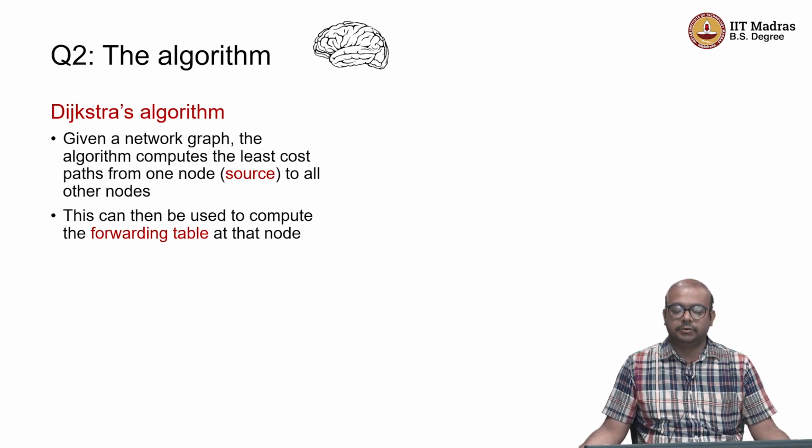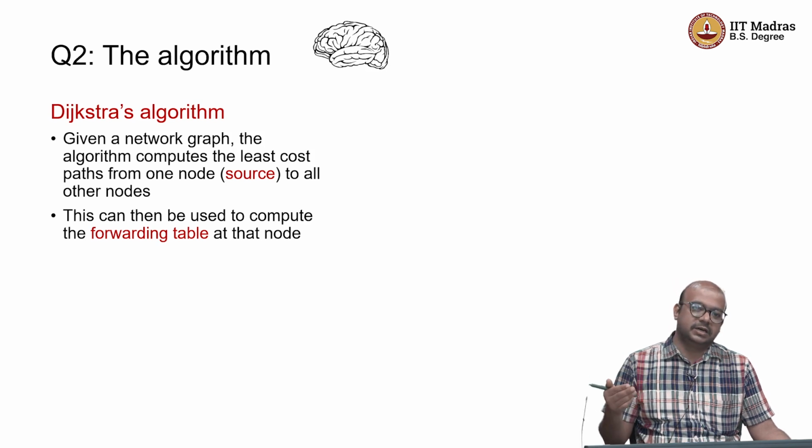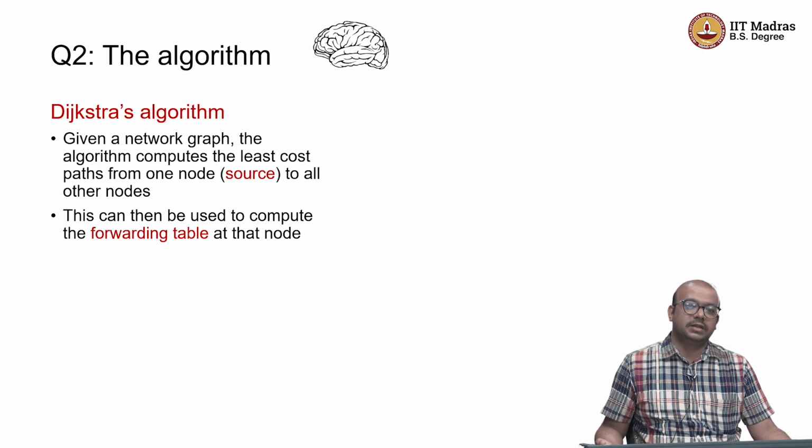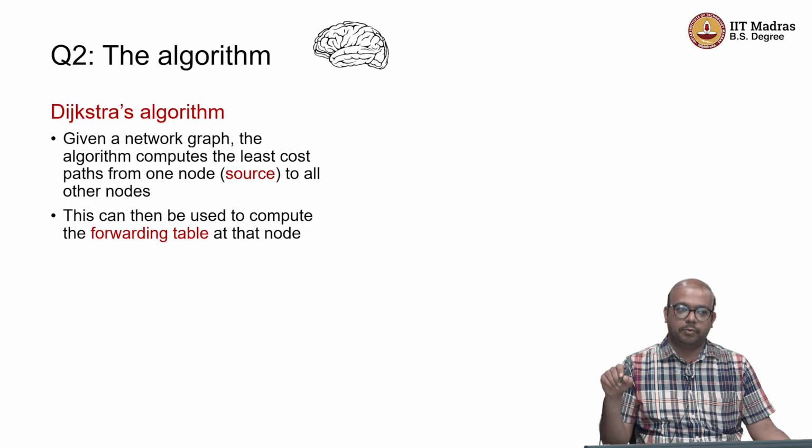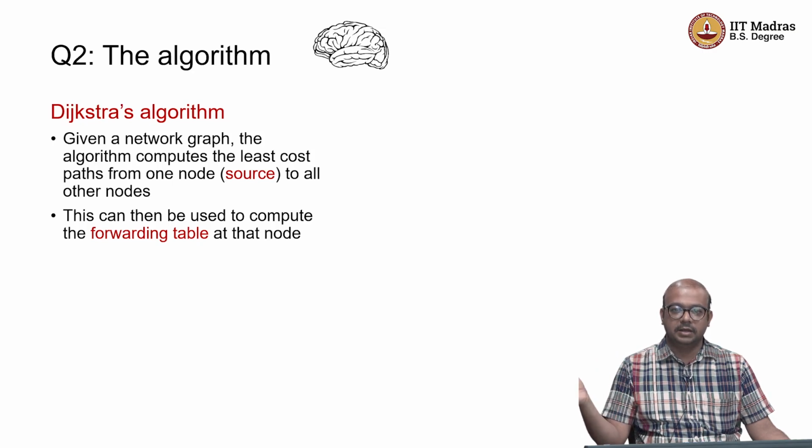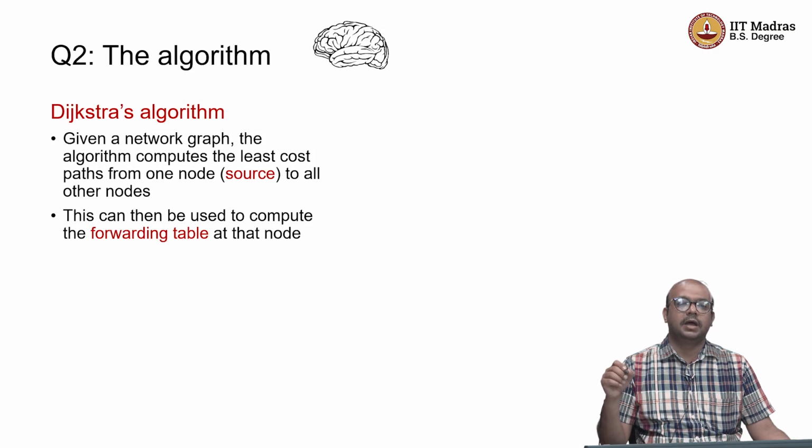So, I should look at the message or the IP header, for instance, see that the destination is D, and by looking at the destination D, it should be able to select the output port that connects to the next router in the path. So, if you had I, J, K followed by D, D should have a preceding node of K, K should have the message come from J, and J knows the message should come from I.